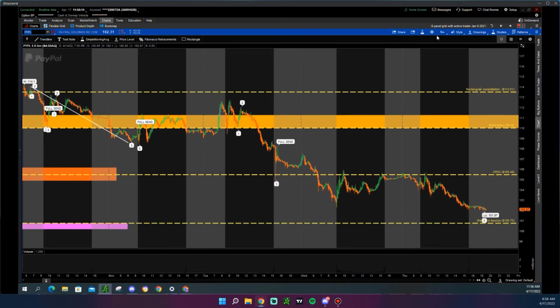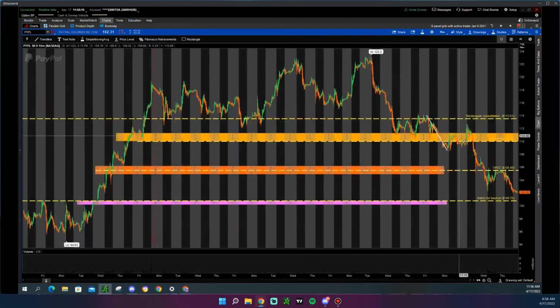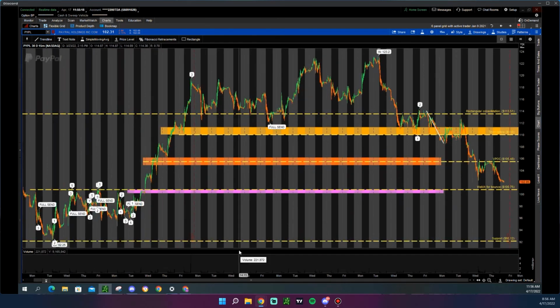We marked these levels almost what we wanted it to do. And look, does it look pretty good if you played every one of these? You short, it goes to 105, you can short it again, it goes to 100, and you look for a bounce. If it breaks this, then you're going to 92.